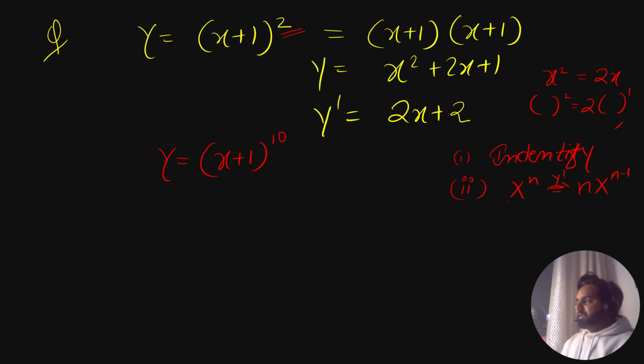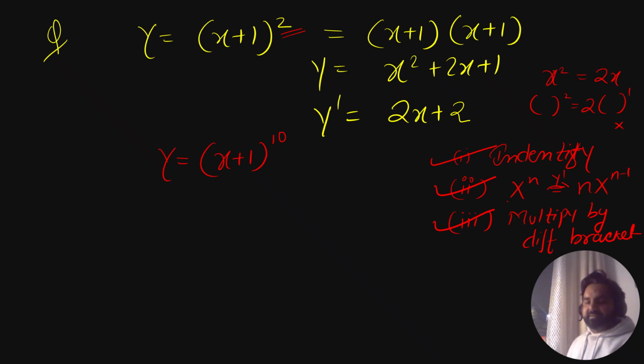And then we will multiply everything by differentiation of whatever is inside the bracket. So you have to remember these 3 steps. Identify the question, second is use the relevant formula, and then finally multiply by differentiation of the bracket.